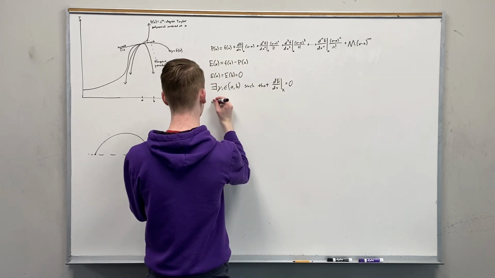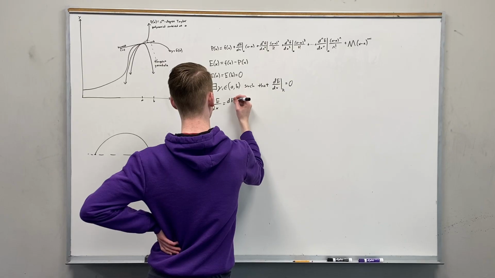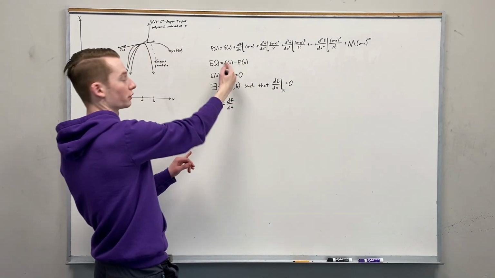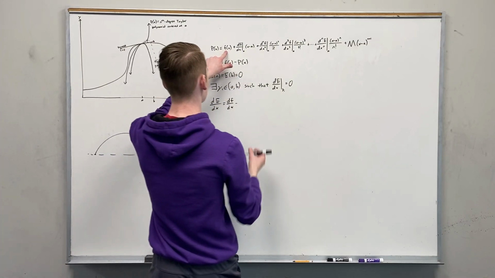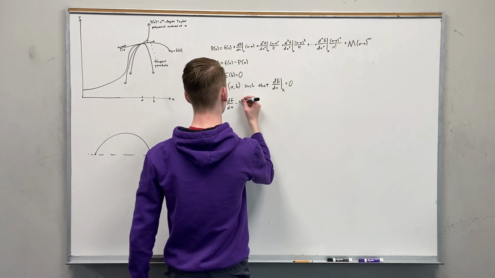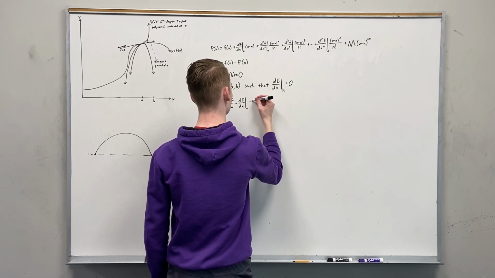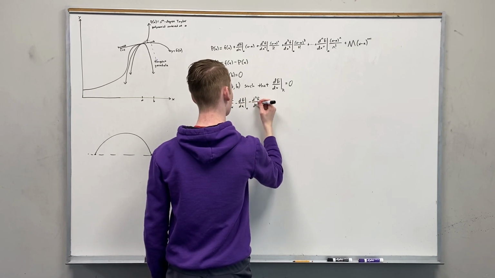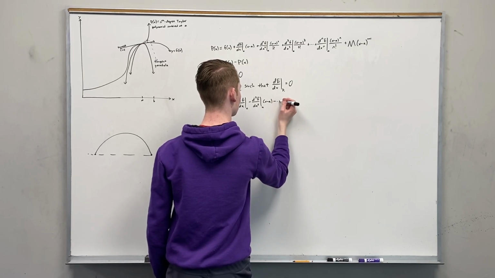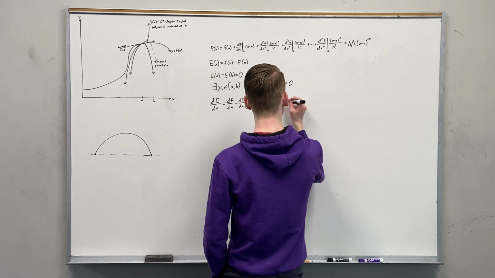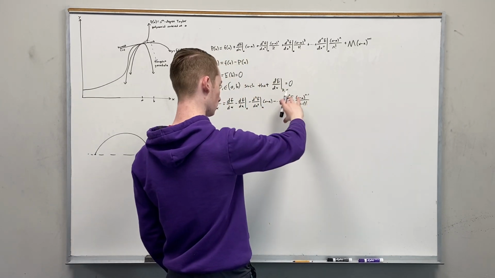Our derivative of E with respect to x is going to be the derivative of f at x, and I'm just looking up here, I'm just differentiating term by term, minus the derivative of p of x, which is going to be, let's see, this goes away, minus df dx at a, minus d squared f dx squared at a times x minus a, minus our nth degree term, but of course differentiated, it's the power rule.